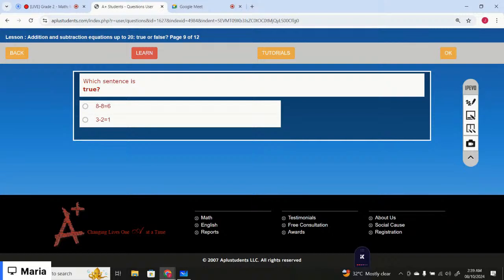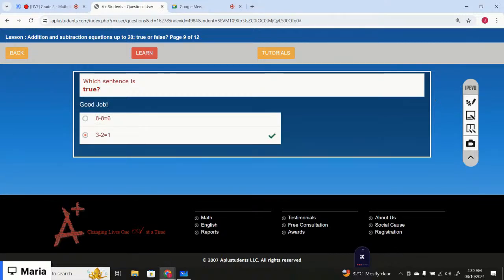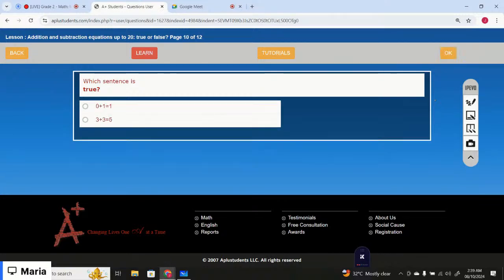Which sentence is true? Which is the correct option? That is 3 take away 2 equals 1. Option number 2 is the correct option. Which sentence is true?